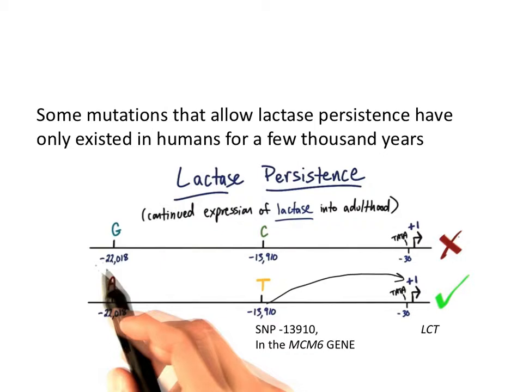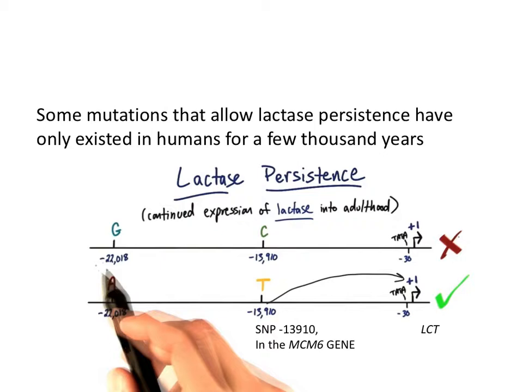And it turns out this particular mutation, which originally was C, but some of us are, in this case, a heterozygote, for example. We've got a CT heterozygote. One of their chromosomes has a C, one of the chromosomes has a T. This nucleotide is 13,910 base pairs away from LCT, which stands for lactose tolerance, or lactase.